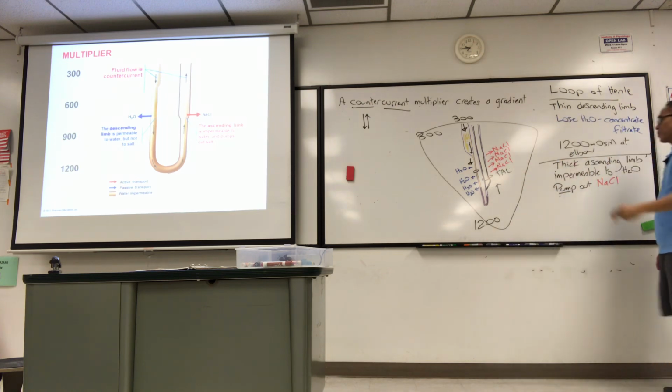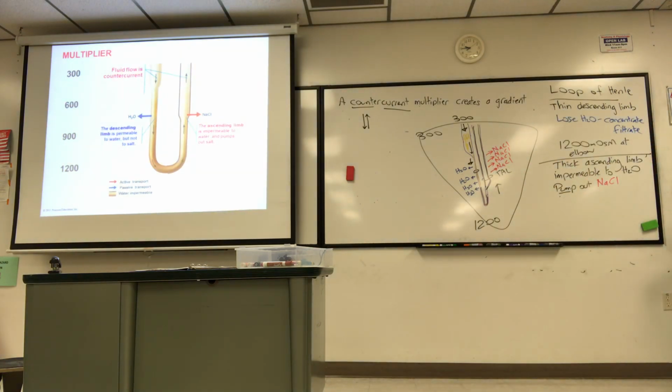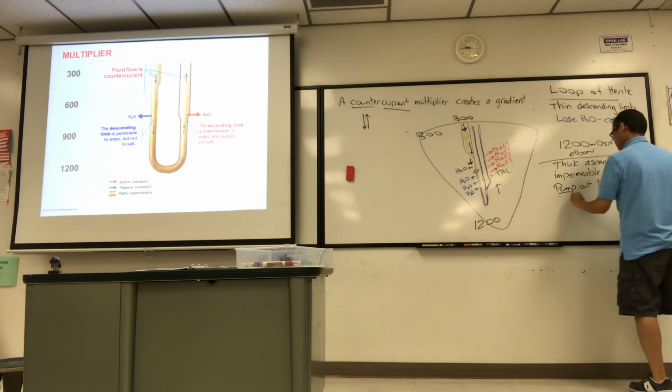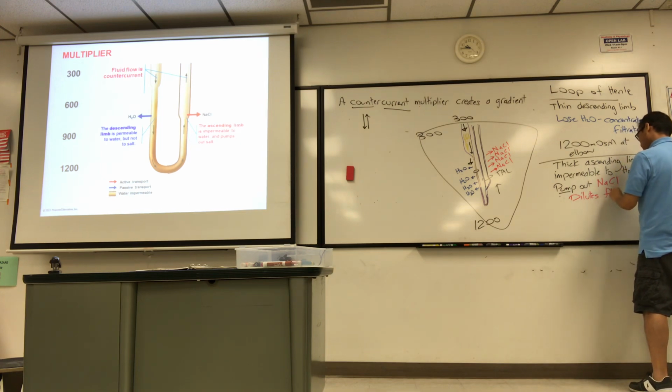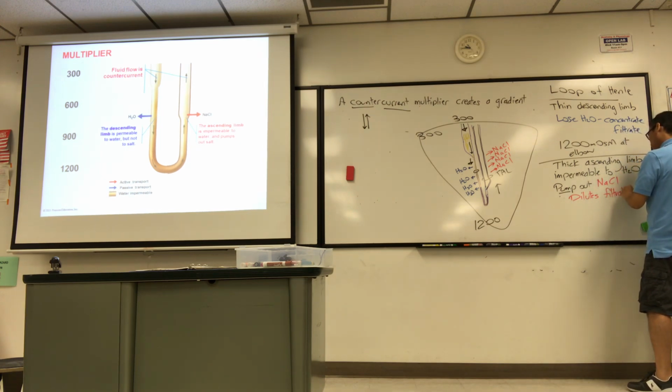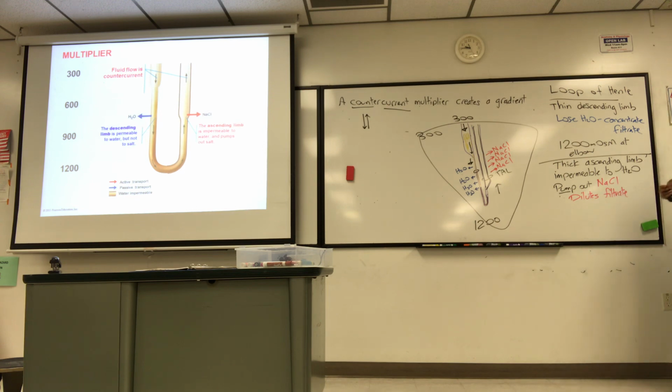So on the way up, you're not losing water and just pumping out salt. That dilutes the filtrate back to what it was. What we've done is pulled out water and salt. And that's going to help modify the concentration of the urine.